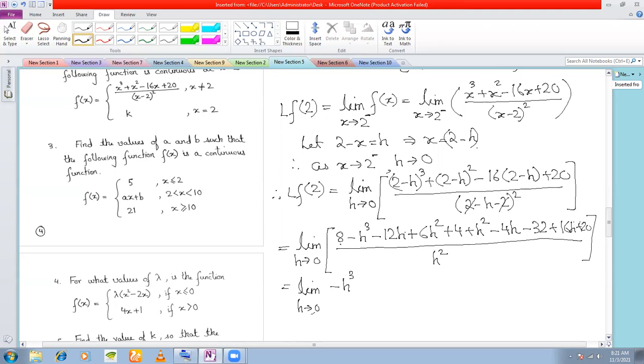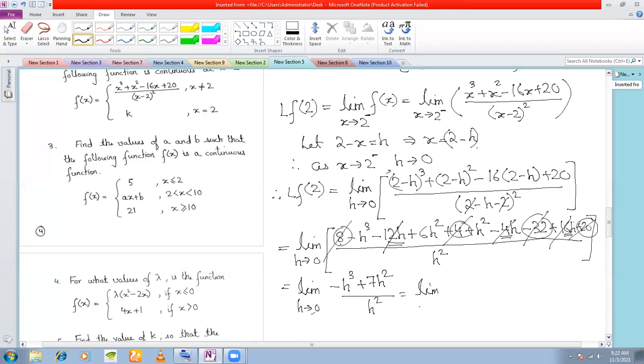If you see the coefficient of h, here you have a minus 12h, here a minus 4h, and here a 16h, so all of them are going to cancel. So h cancels completely. Now 8 plus 4 is 12, plus 20 is 32, and you have a minus 32. So all this is also going to cancel. So you're only going to be left with this divided by h square.